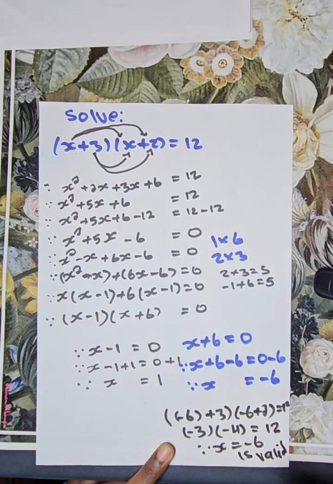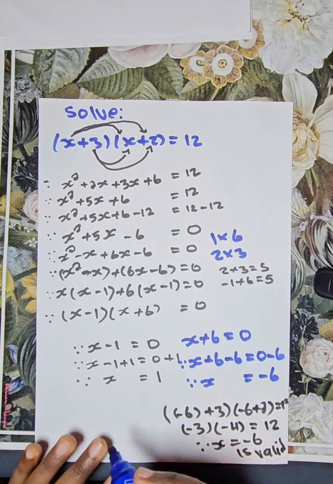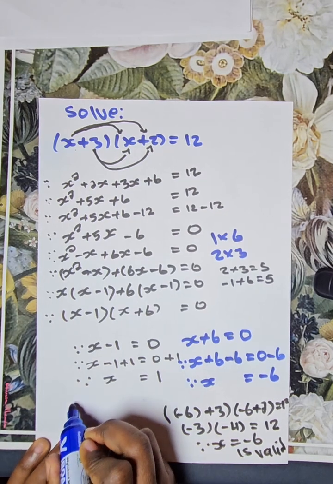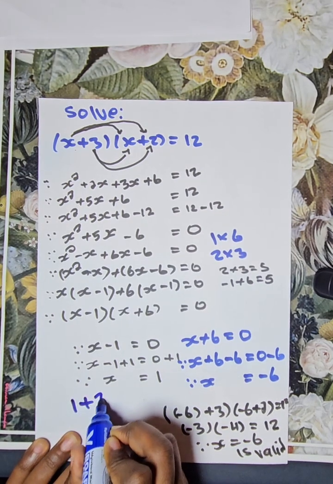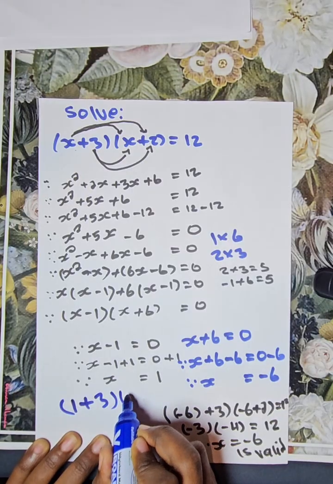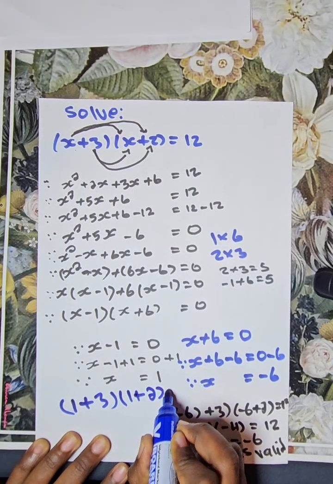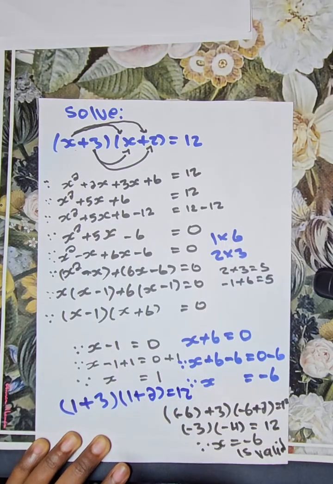Well done. Now, let's check our other solution, which was x equals 1. Let's substitute: 1 plus 3 times 1 plus 2 must give me an answer of 12.